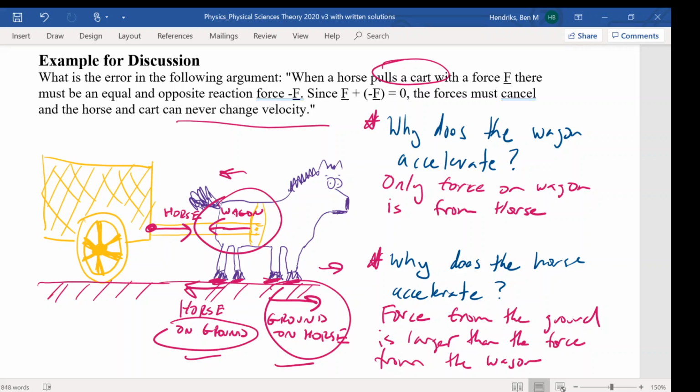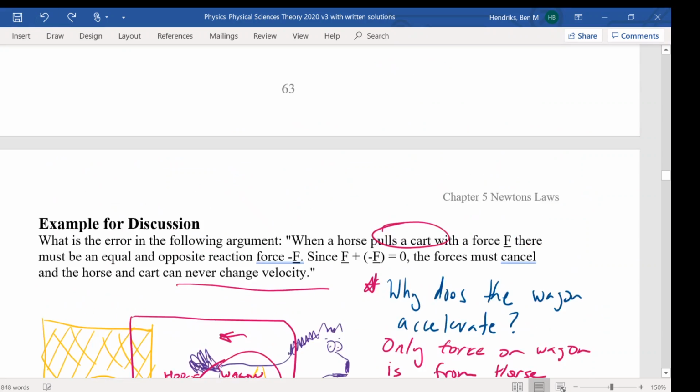That's how Newton's third law can help us understand these weird problems that seem like paradoxes sometimes. If you just looked at these forces here, they look like they do cancel out, but if you put these objects in isolation, then it starts to make sense.